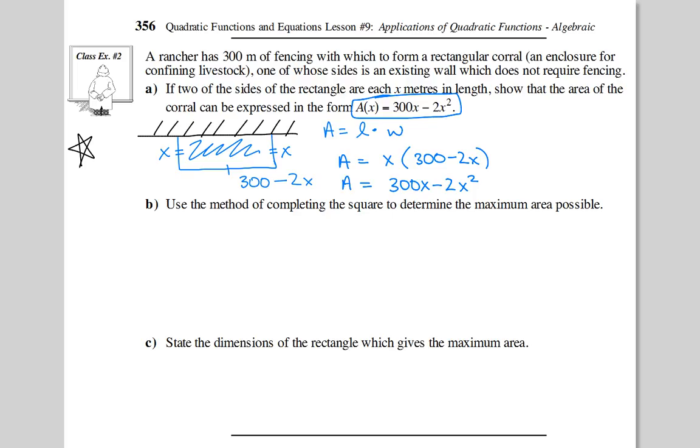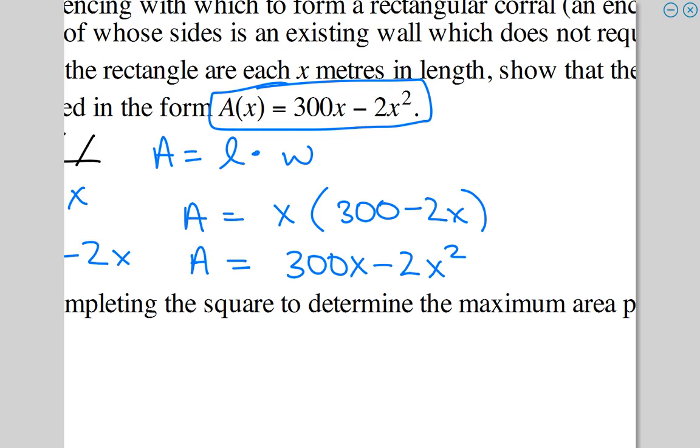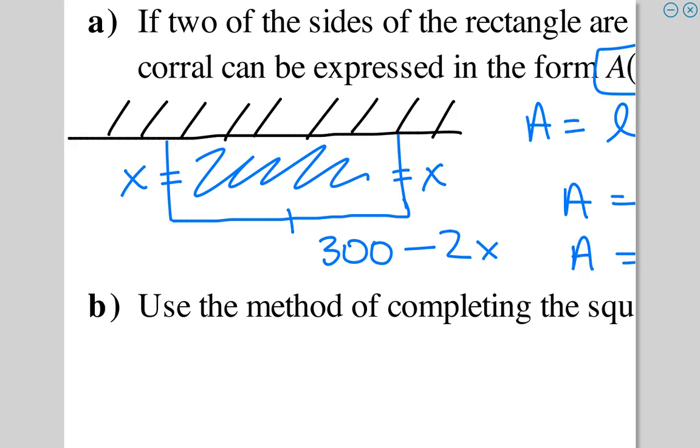Here's the area formula. So what's different about the area formula that they gave me and mine down here? What did I do different? Just this left part? So what does it mean, A of x? So area depends on x. Whatever you make this vertical length, the area completely depends on it.